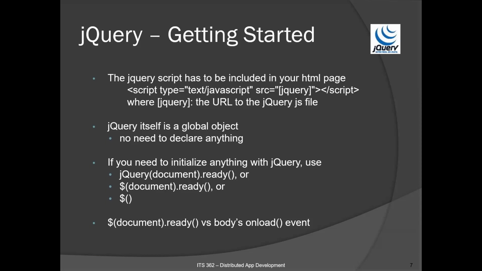So the jQuery script has to be included in your HTML page. I just alluded to that. You can see here, there's the trick: we have a script tag, and the important thing to specify is the source, very much like you do with your own external jQuery code.